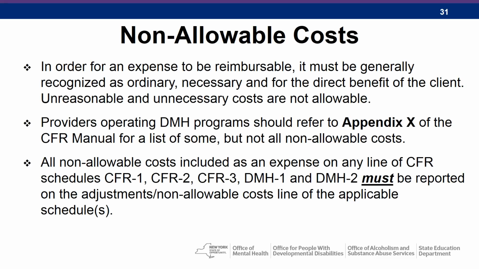All non-allowable costs included as an expense on any line of CFR Schedules 1, 2, 3, or DMH 1 and 2 must also be reported on the adjustments or non-allowable cost lines of the applicable schedules.